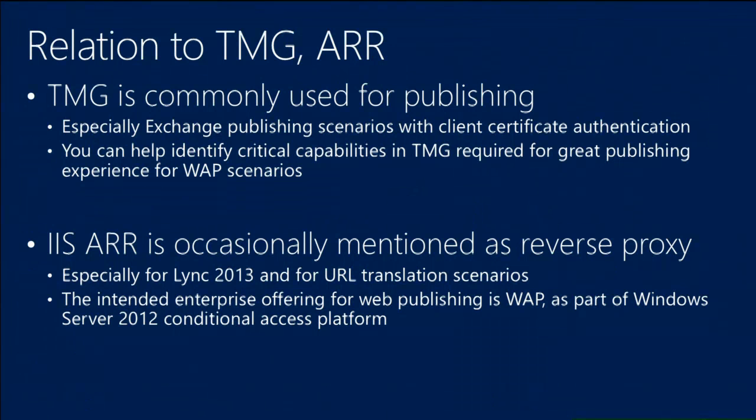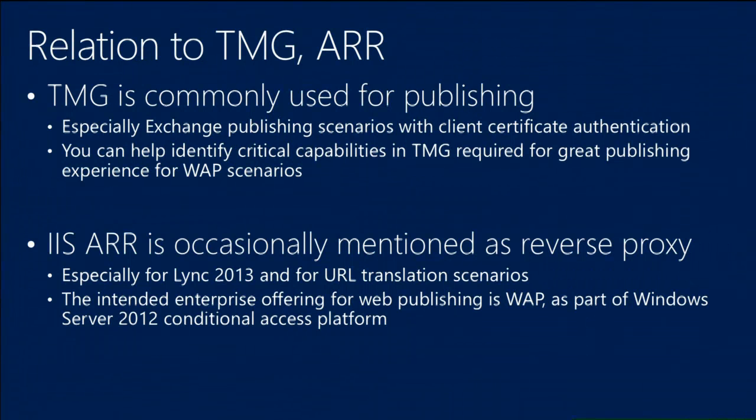The recommended product and the intended offering for enterprise customers absolutely is to use web publishing with Web Application Proxy, as part now of Windows Server 2012 R2 and the whole conditional access platform and the whole model of workplace joined devices. That's the intended enterprise offering that we have.